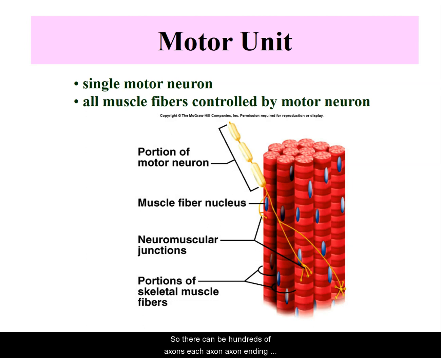Each axon ending forms a neuromuscular junction with one muscle fiber. When this motor unit fires, all the muscle fibers in it will contract. There could be several hundred of those muscle fibers in that all or none response.